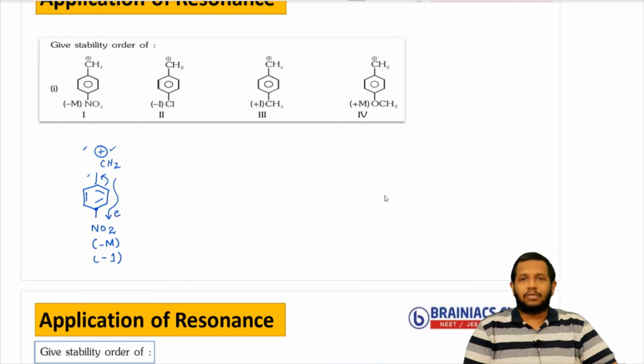So if electrons are attracted in this direction due to minus I effect, the positive charge over here keeps on increasing. And also due to minus M effect, NO2 will also attract the electrons, so whenever the positive charge comes here, it will get destabilized due to NO2. How that happens is what I am going to illustrate next.